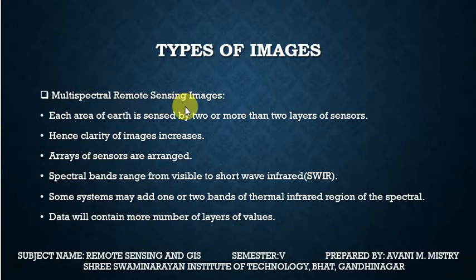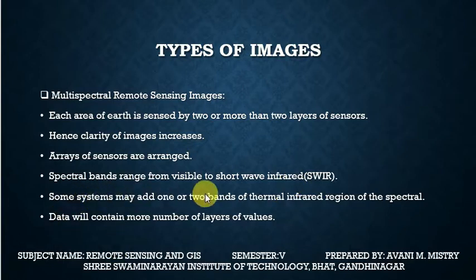The next one is multispectral remote sensing images. Each area of Earth is sensed by two or more layers of sensors. Hence, the clarity of the images increases. Arrays of the sensors are arranged. Spectral bands range from visible to short wave infrared.